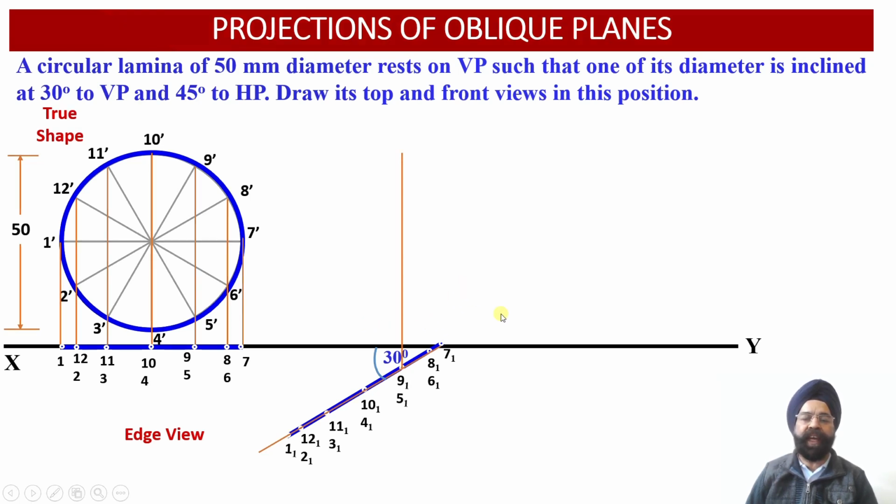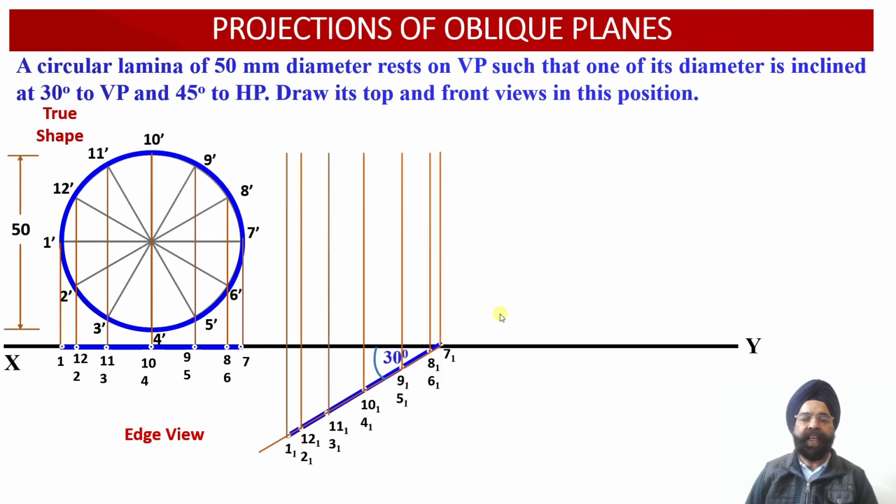So let us see how we are able to obtain all of these points. Here we see we have drawn vertical projectors through each of the 12 points which are available in the top view projections, and we are going to draw the horizontal projector from each of the points available in the front view projection, and let us find out the corresponding points of intersection between these vertical projection lines and the horizontal projection lines.